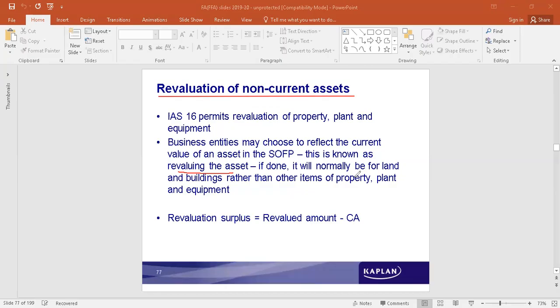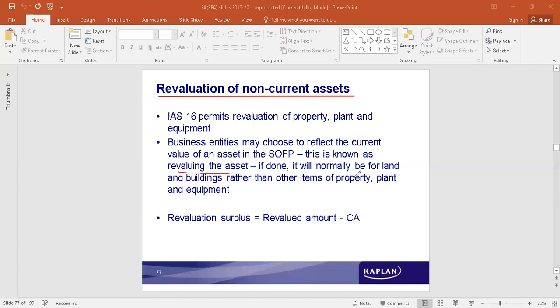Revaluation of non-current assets is a gain, a benefit for the business. Because the value of the assets is increasing, that is a revaluation surplus.